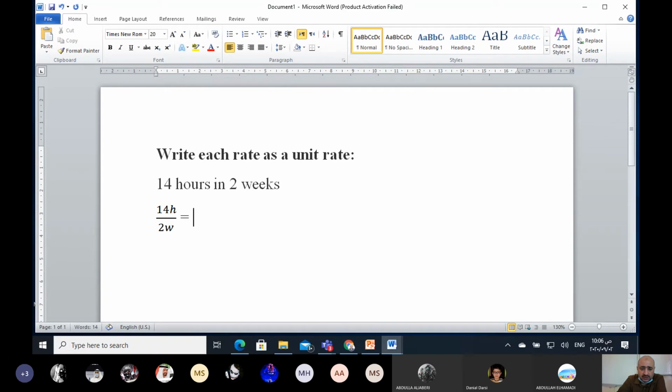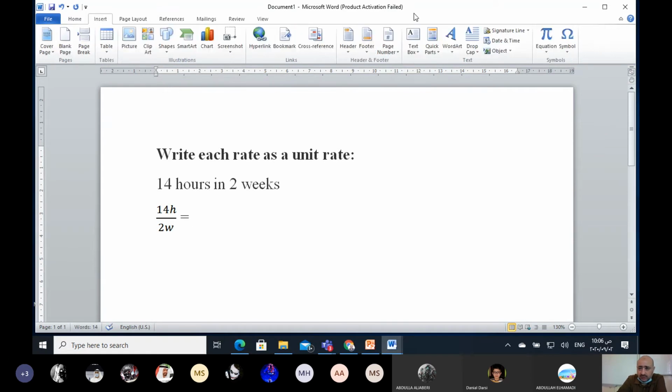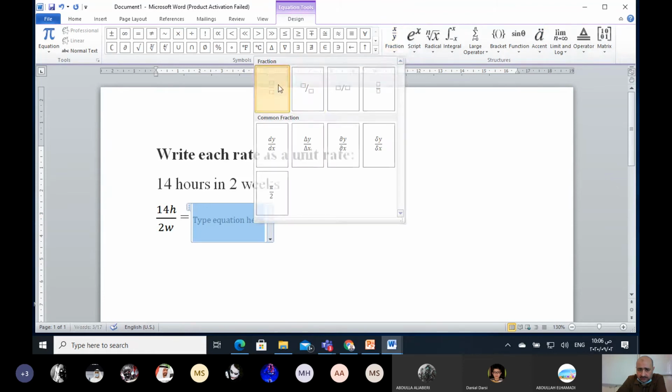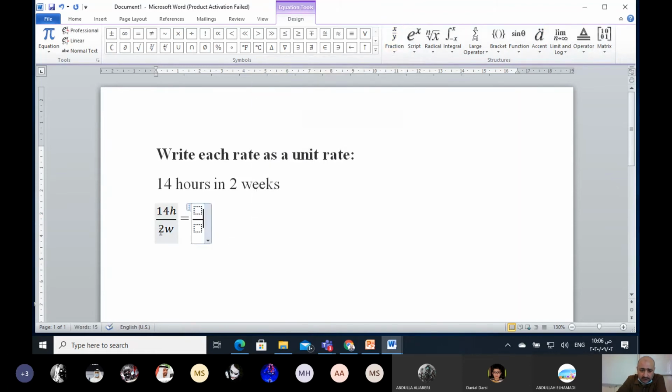How to change to the unit rate? Also, we can do a fraction here. Then look at the denominator. The denominator is 2. So we can divide up by 2 and down by 2. So I can write 14 divided by 2, then 2 divided by 2.